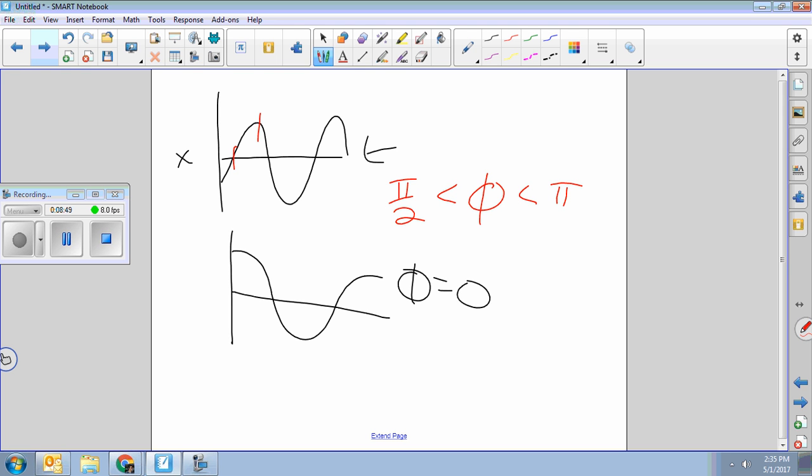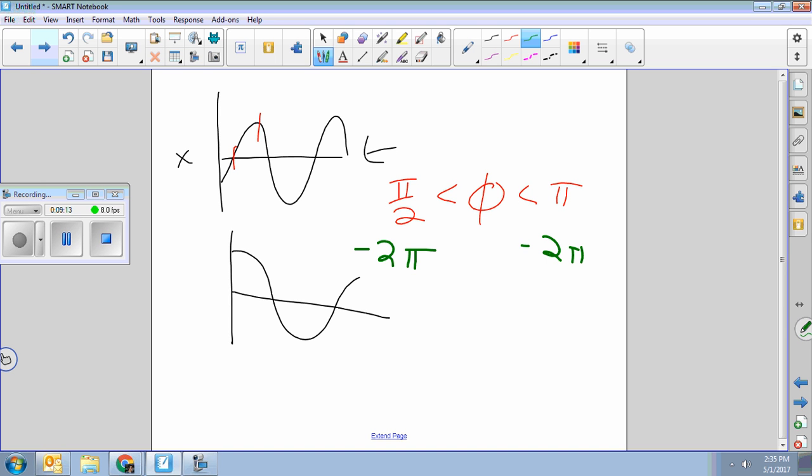So you can always either add or subtract multiples of 2 pi to phi, and that doesn't change it. Does that make sense? So none of these answers show up on my choices, am I right? So let's try subtracting 2 pi from both of these, because it looks like all the answers here are negative, right?